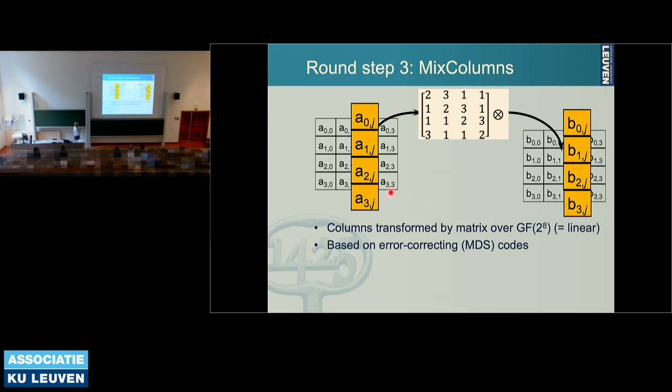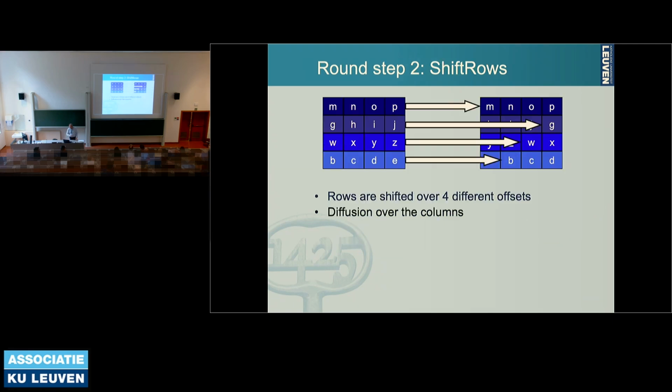If bits in exactly 2 of the input bytes change, then always at least 3 output bytes will change. So you have this distance property that number of changes at the input plus number of changes at the output is always at least 5. Yeah? So that guarantees diffusion of small differences.